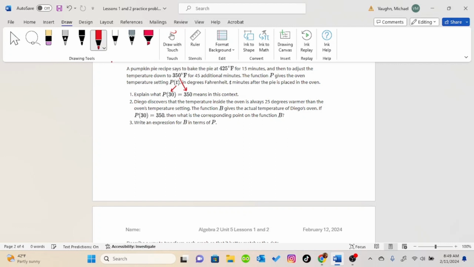So this tells us we want the oven temperature to be 350 degrees Fahrenheit for 30 minutes.